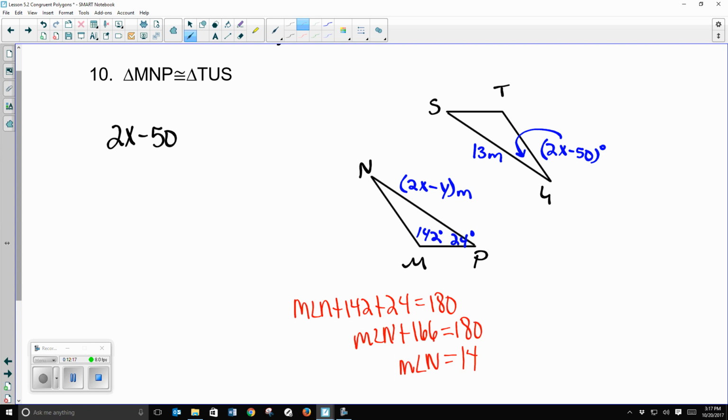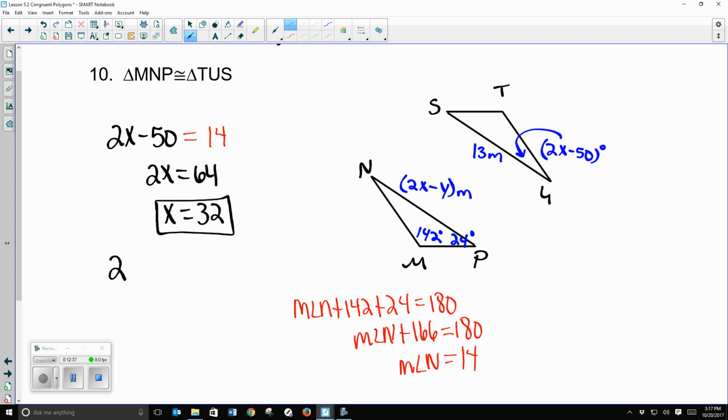So 2x minus 50 has to be equal to 14. So add 50 to both sides. 2x equals 64. Divide both sides by 2, and x is equal to 32. Now we have to find y. So that's the first part. To find y, we have 2 times x minus y, and well, we know what x is. It's 32.